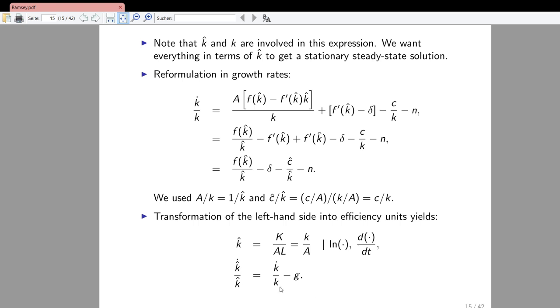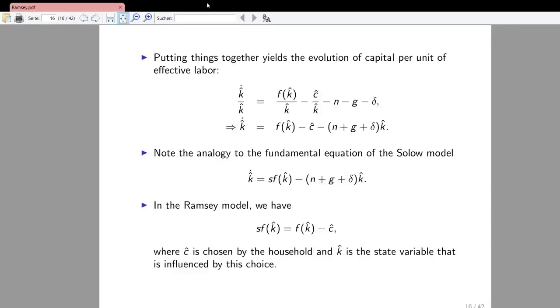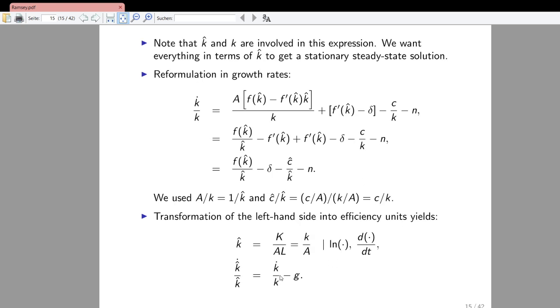All that shows up are variables measured in units of effective labor. So after we plug this in, we get the next expression here. We have the growth rate of capital per unit of effective labor on the left hand side, and we have the expressions from before, and the n minus delta here, and minus g comes in from this expression here.